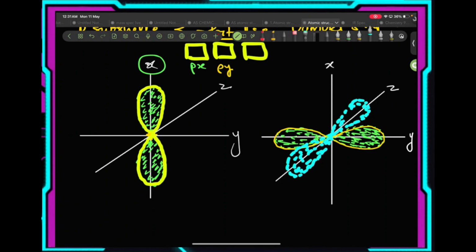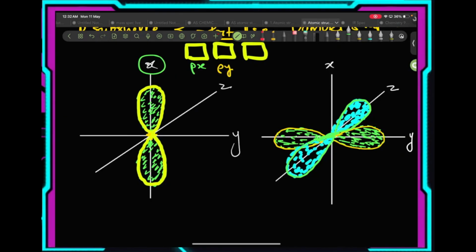Now forget the x and the y for a second and look at the z one. It's towards you and it's away from you, like this. So if I outline this too, then I'll get a dumbbell shape in the z-axis, right? So I have three p orbitals, and all those p orbitals have the same energy.